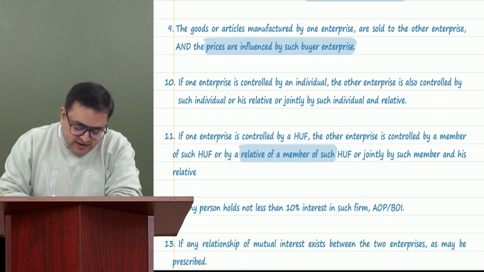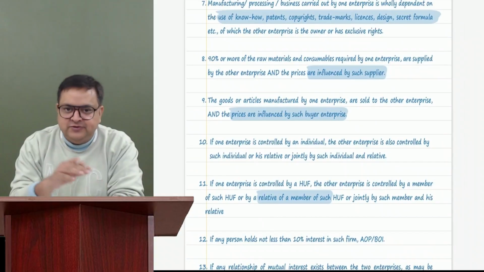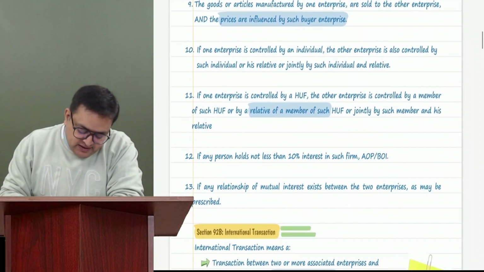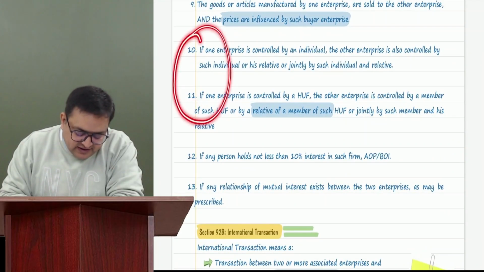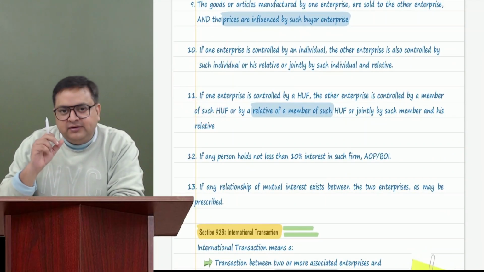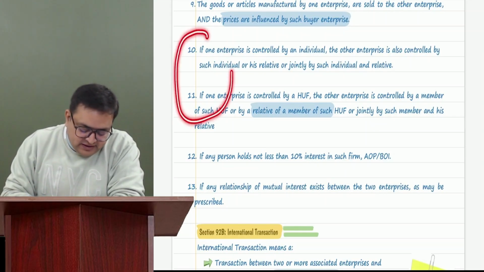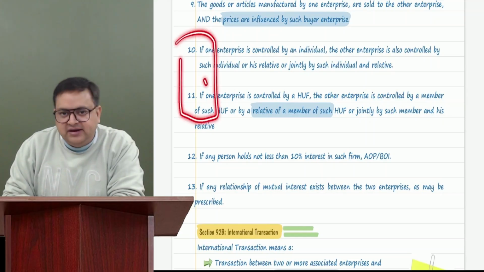So till point number 9, what we have discussed was in UK law also, which we have taken. But points number 10, 11, and 12, mostly 10 and 11, are more from the Indian context point of view. So people were doing like this also. This is not in UK law, but here it is in Indian law.